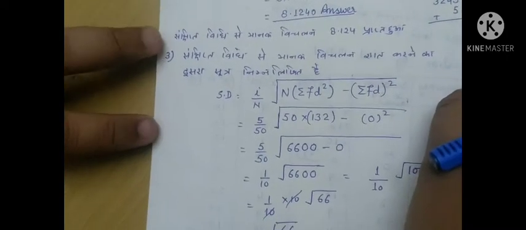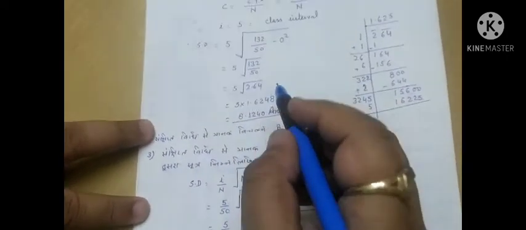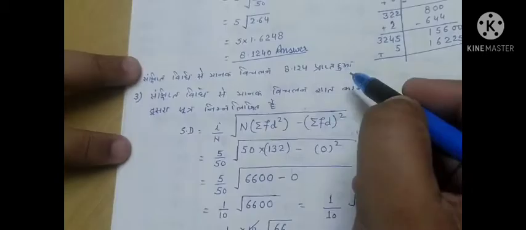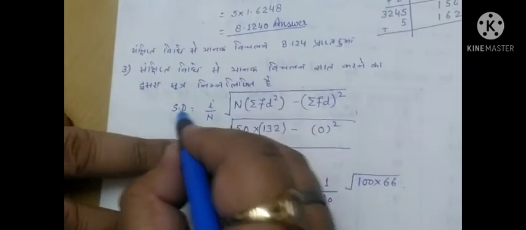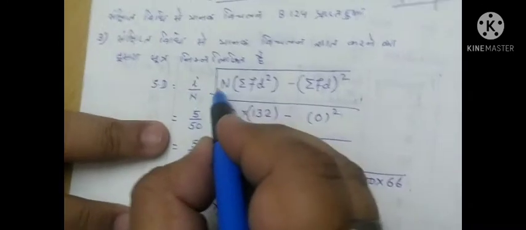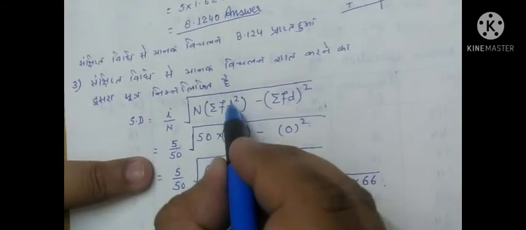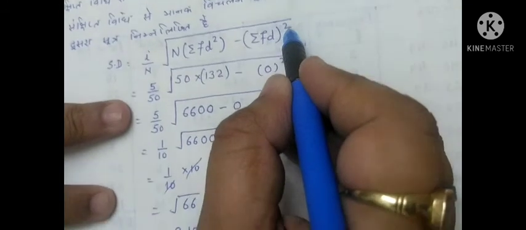The third one is again a short method to solve the standard deviation, but this time the formula used is i divided by n within under root n summation fd square minus summation fd whole square.